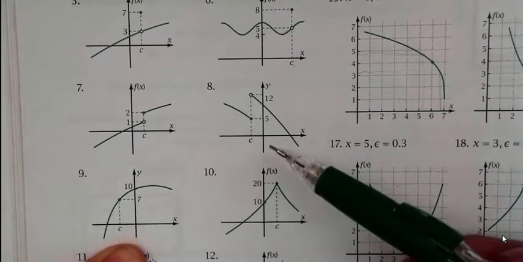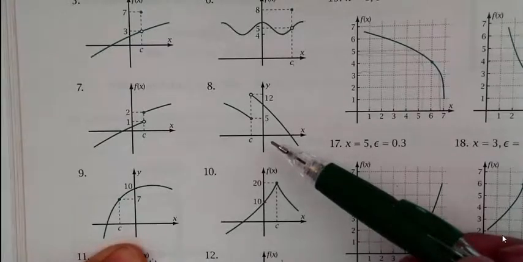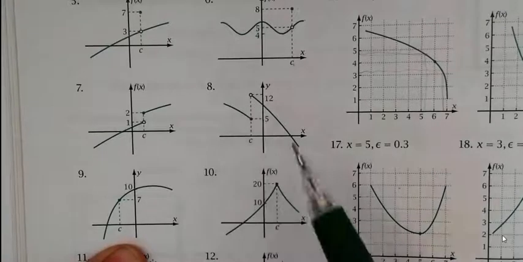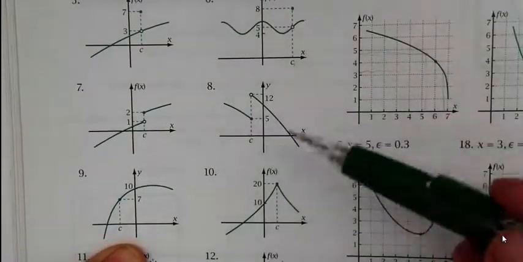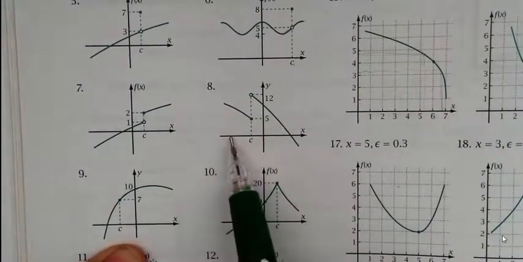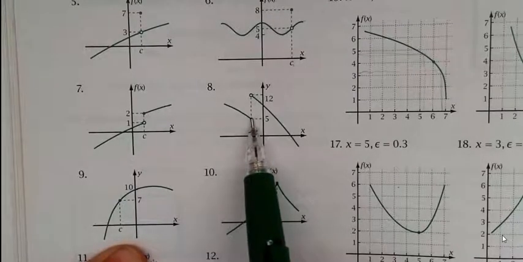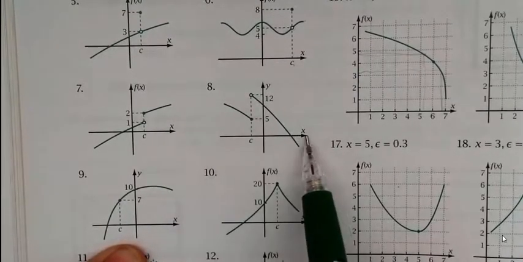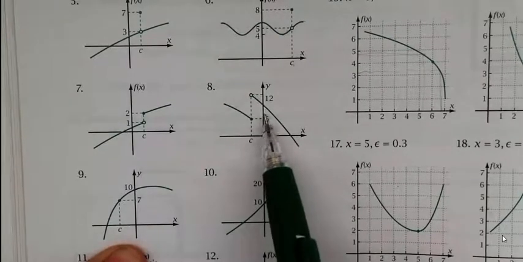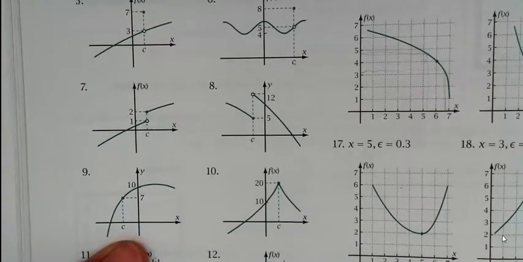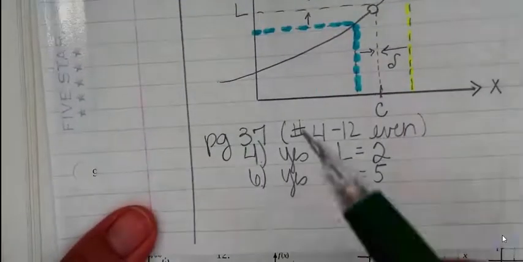Is there one output that both, if I approach C from the left and the right, that I'm approaching on my y-axis? It doesn't appear like it, right? When I approach from the left, looks like I'm approaching 5 for my output. When I approach from the right, looks like I'm approaching 12 for my output. So there is no limit. So for 8, we're going to say no.